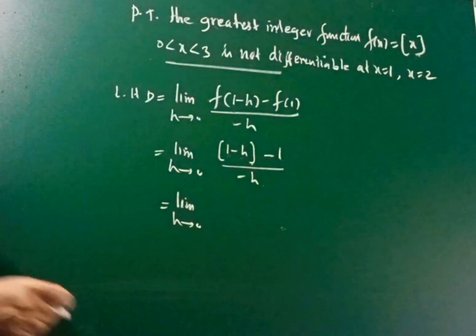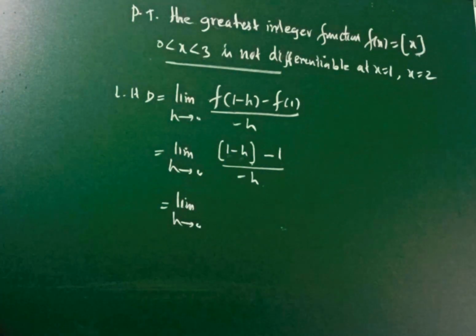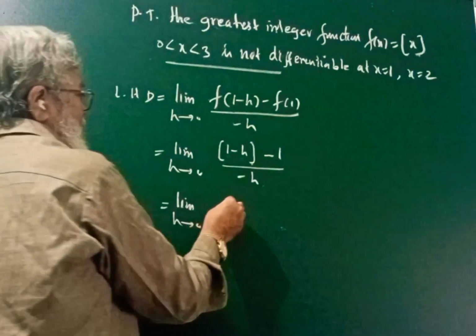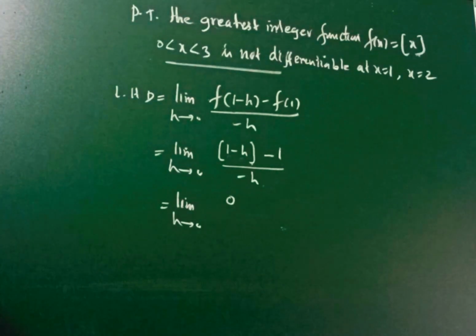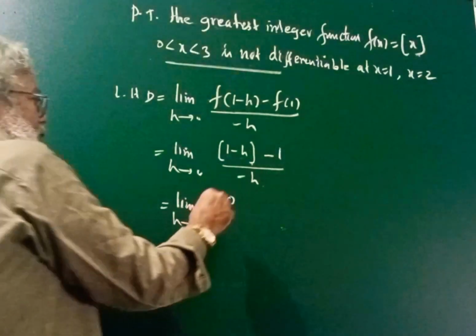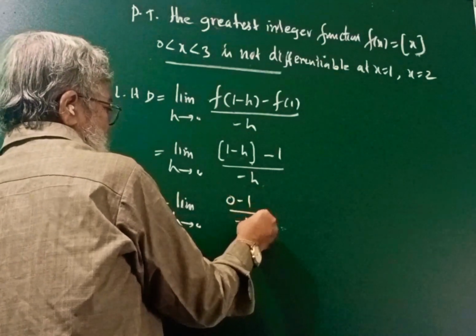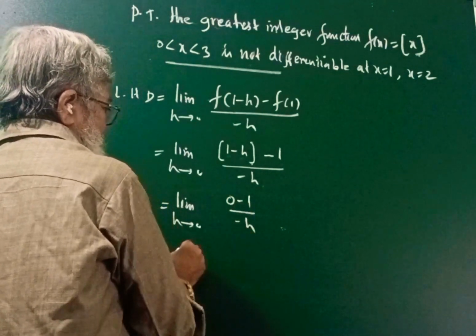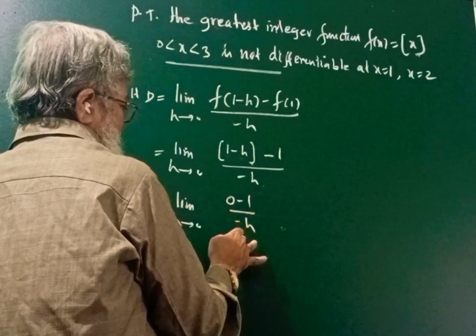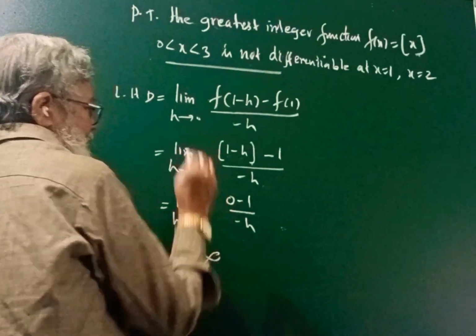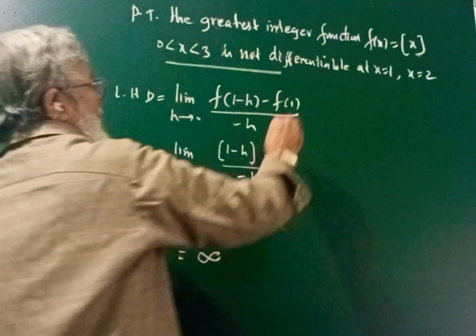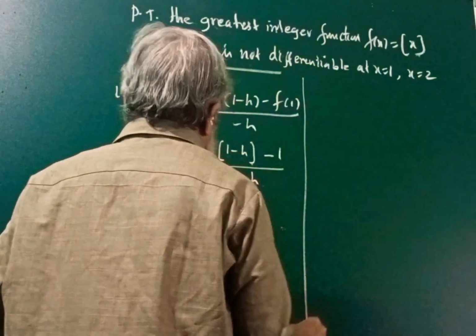We know h is a very small fraction, and when we subtract it from 1, we get a fractional part, and its value will become 0, because the integer less than 1 will be 0. So it is 0 minus 1 by minus h. That is equal to 1 by h, and 1 by h is not defined, it is infinity. Not defined.